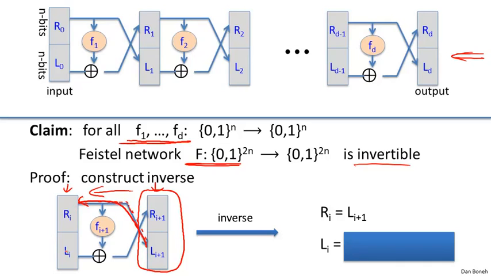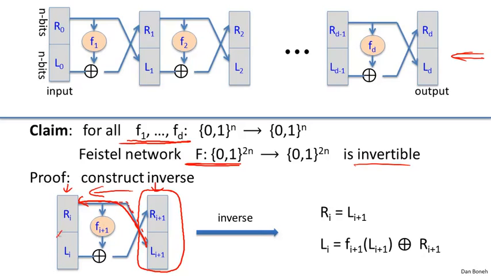But now let me ask you to write the expression for Li in terms of Ri plus 1 and Li plus 1. I hope everybody sees that Li plus 1 is fed into the function fi plus 1. The result is XORed with Ri plus 1, and that gives the Li input. So this is the inverse of one round of a Feistel network.